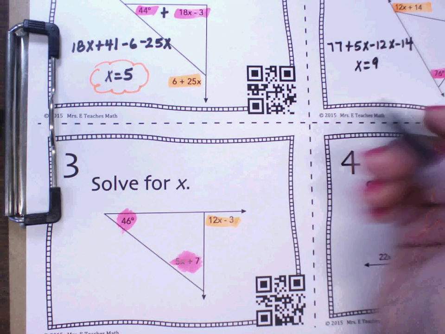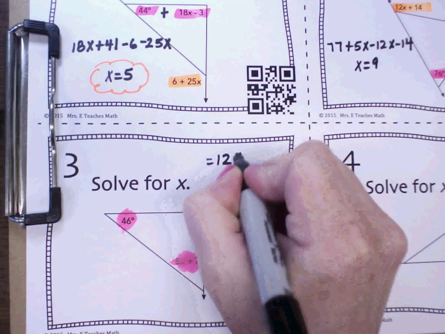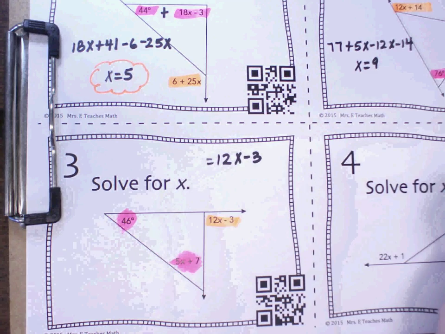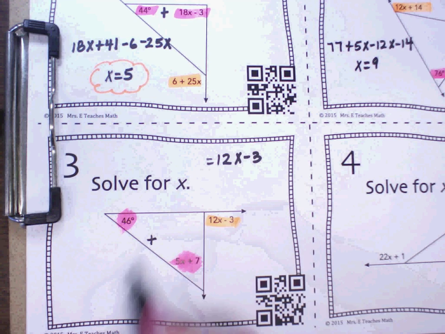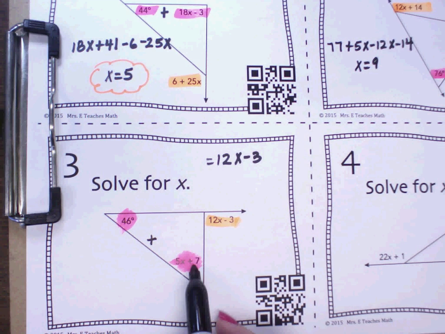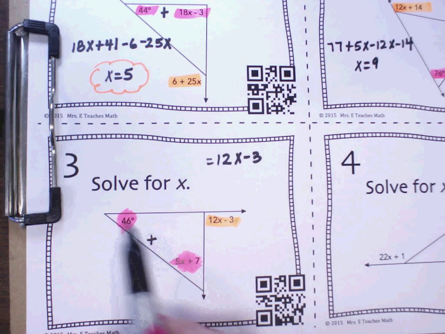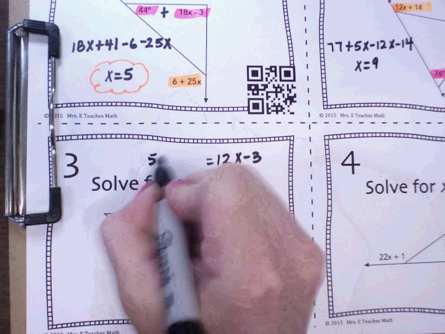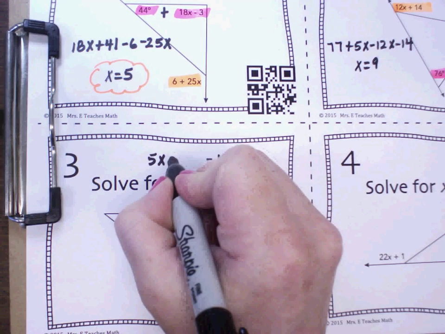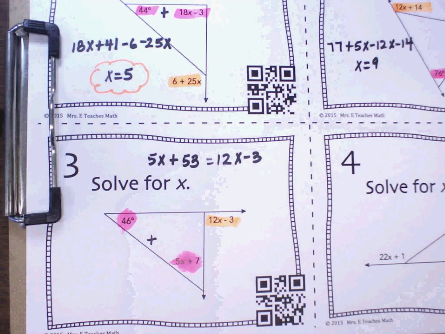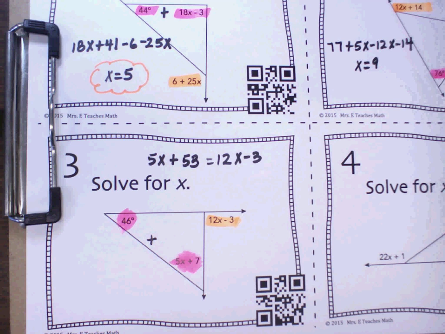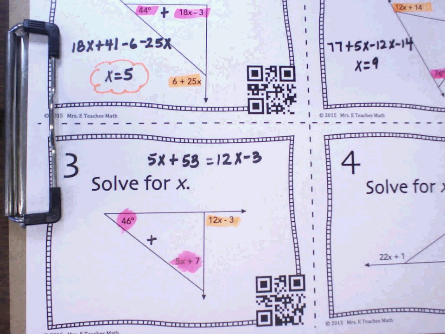This equation needs to be equal to what? Very good. 12x minus 3. Samara, is there anything that I can add inside? What is it? And 7. Very good. And what's 46 plus 7? 53? Yes? All right.